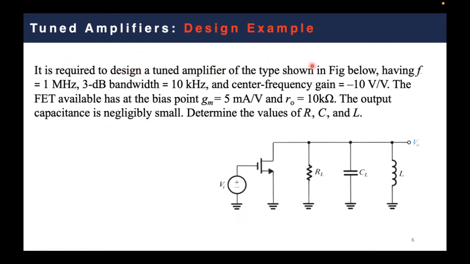The FET available has at the bias gm equal 5 milliampere per volt, and an output resistance of 10 kilo ohm. The output capacitance is negligibly small. Determine the values for R, L, and C.